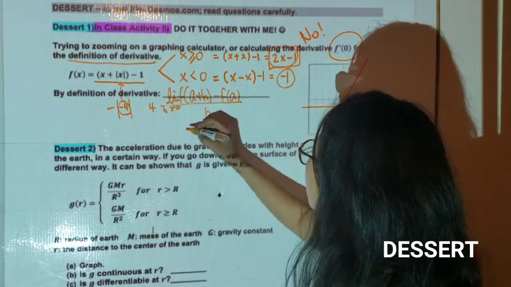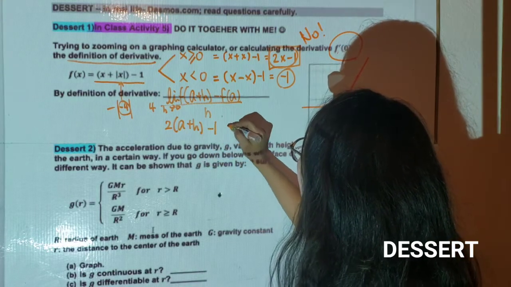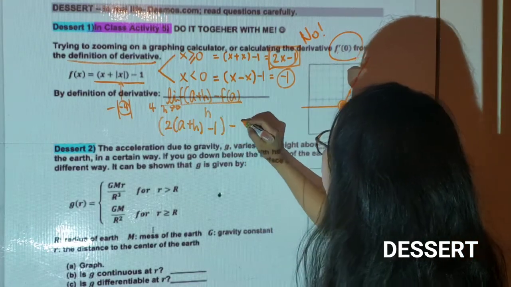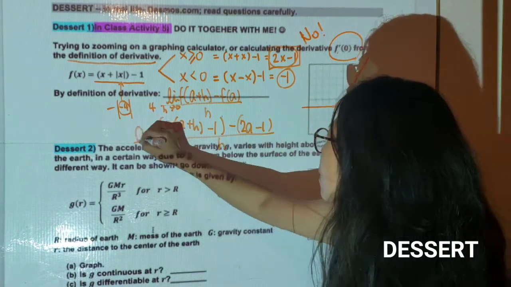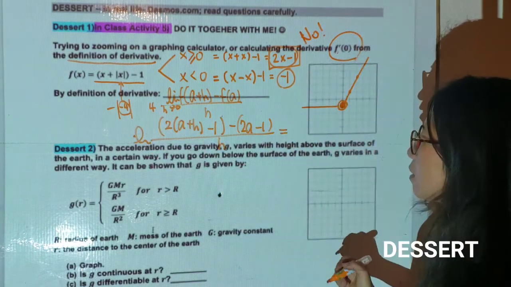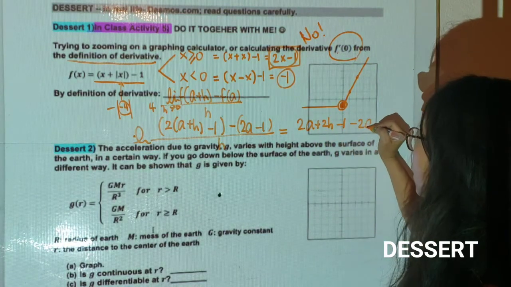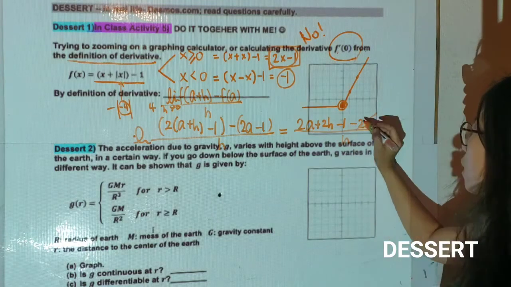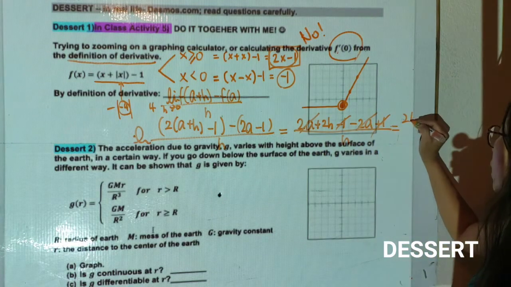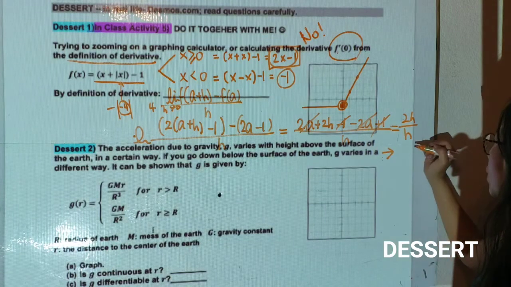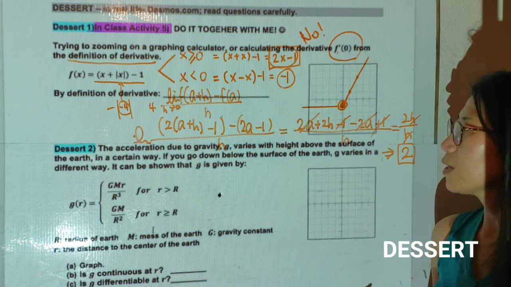So I'm going to plug in 2 times a plus h minus 1 minus 2a minus 1 over h, and what I get is 2a plus 2h minus 1 minus 2a plus 1 over h. A lot of them cancel out. Oh, that's plus, right? Cancel out. So I get 2h over h. I use the definition. Cancel out. I get 2.